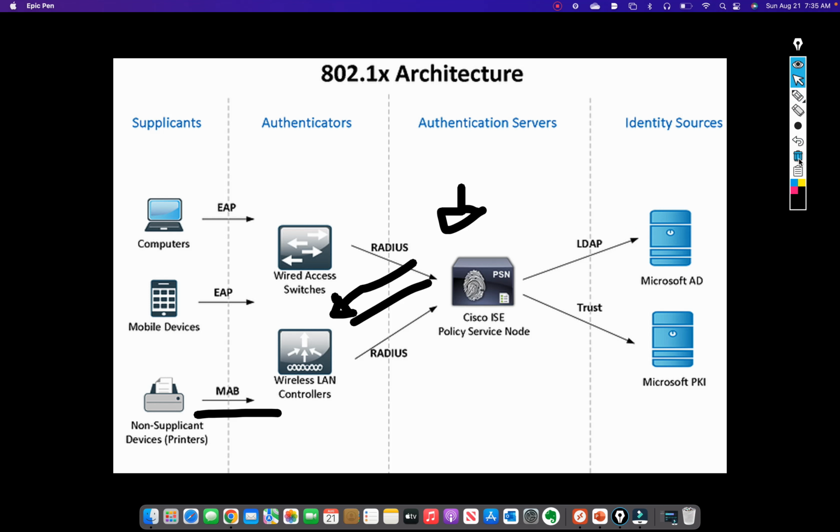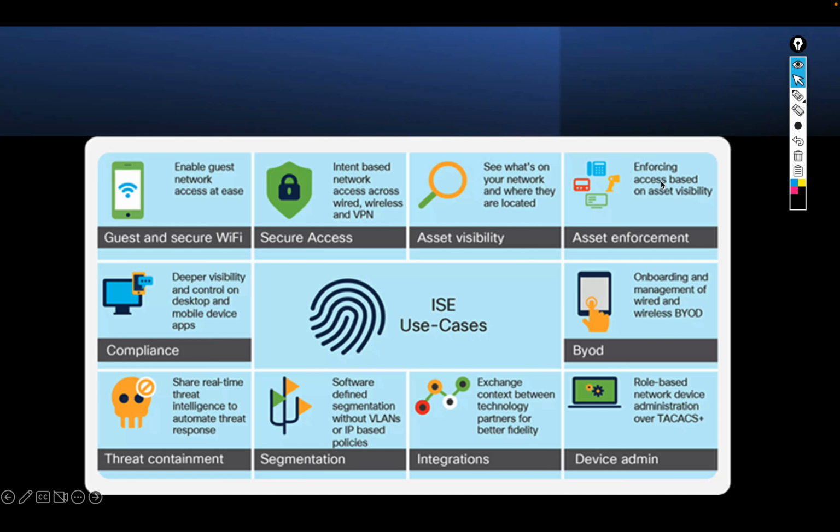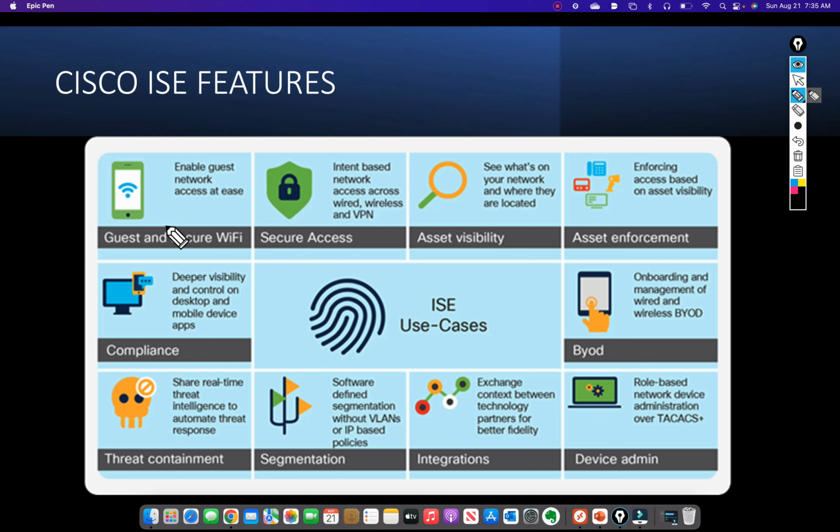So let's go to the next one. Here is a little bit more about the features that we have on ISE. We can enable guest services very easily. I will try to show you this, but I cannot replicate it because it's not yet possible to virtualize the access point.